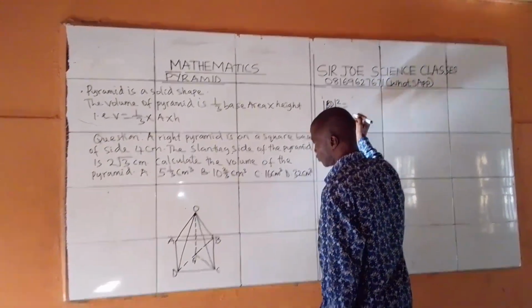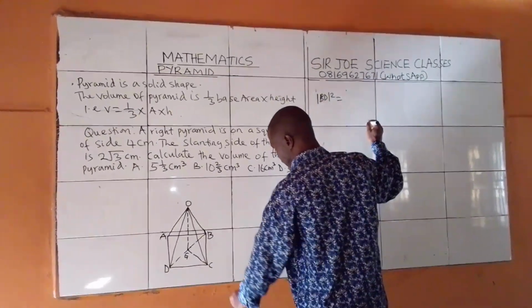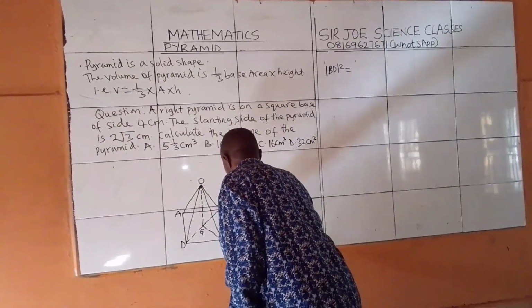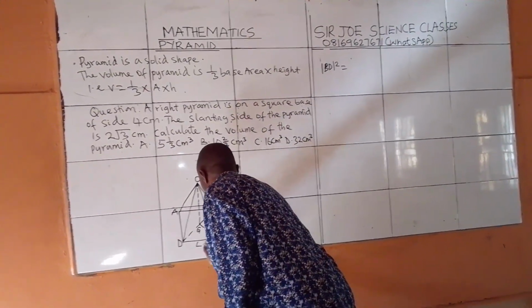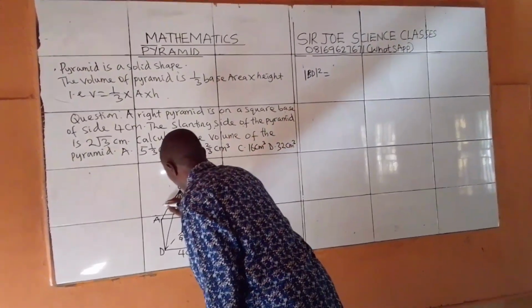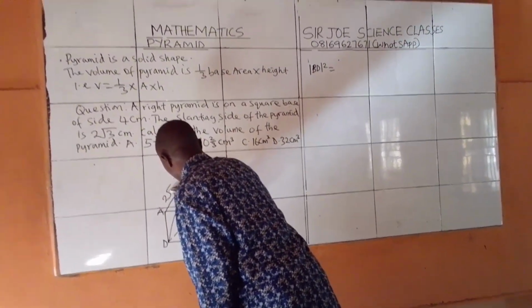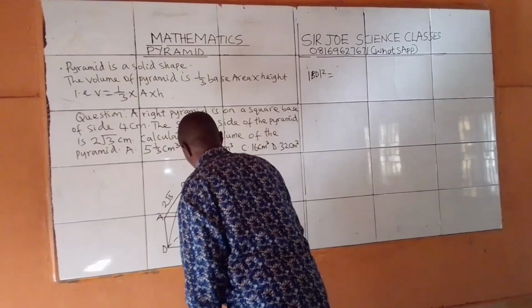is equals to, based on the values, this is 4 centimeter, 4 centimeter, and this is 2√3 centimeter.